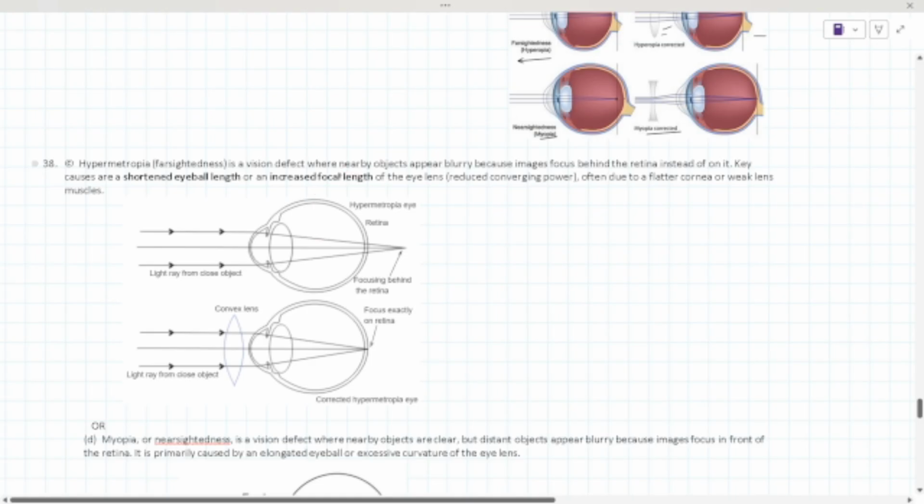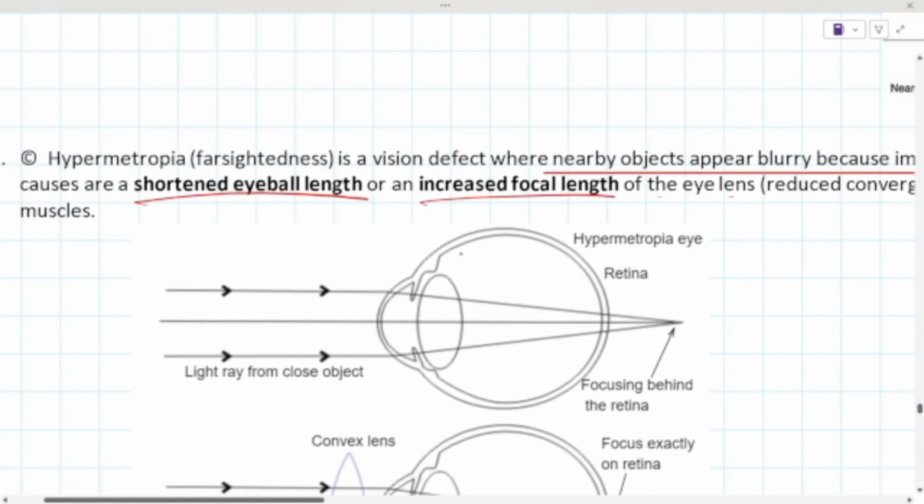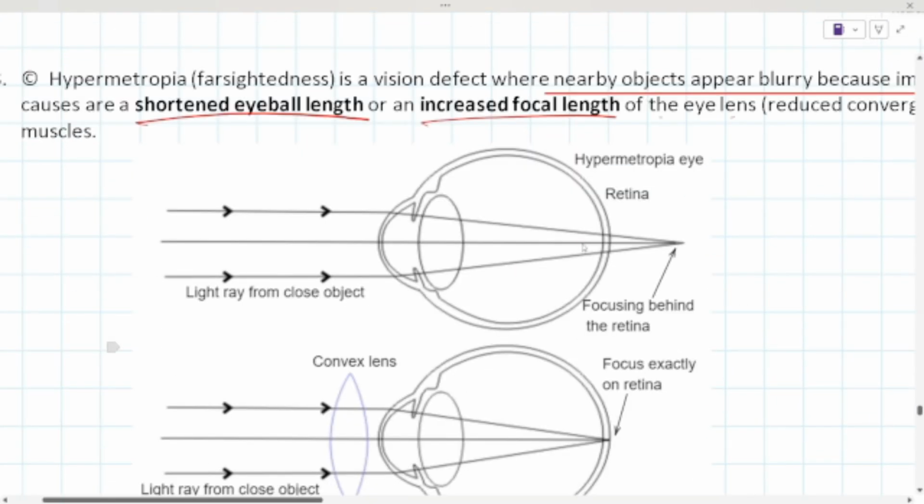The vision defect where nearby objects cannot be seen clearly. You can see the image formed behind the retina, right?